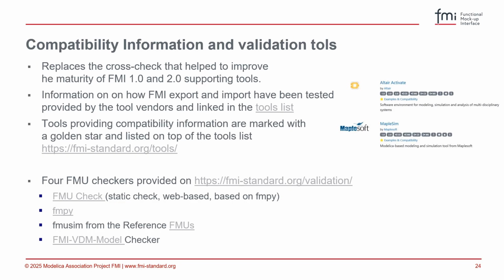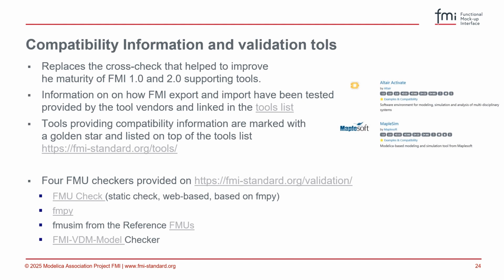There is FMPy, an open source Python tool to simulate FMUs, which can also validate the FMU, that is, the XML file mainly, but it can also simulate the FMU so that you can check whether the FMU is simulatable.